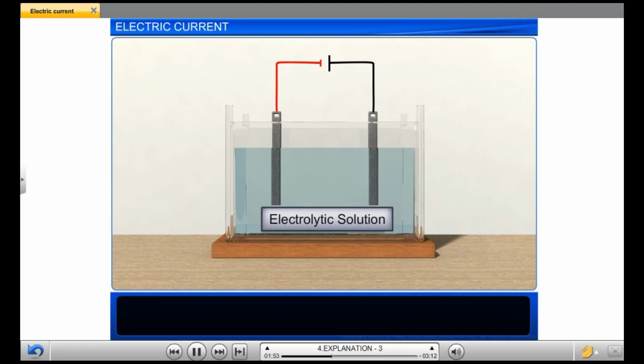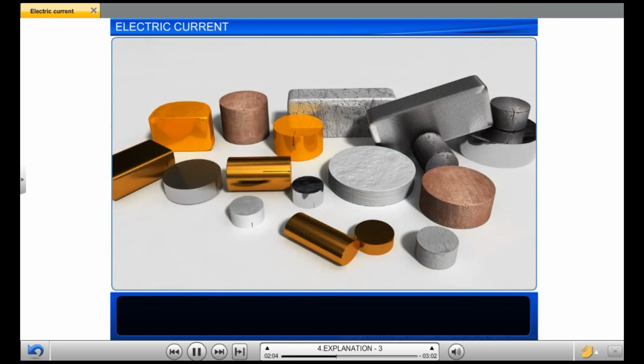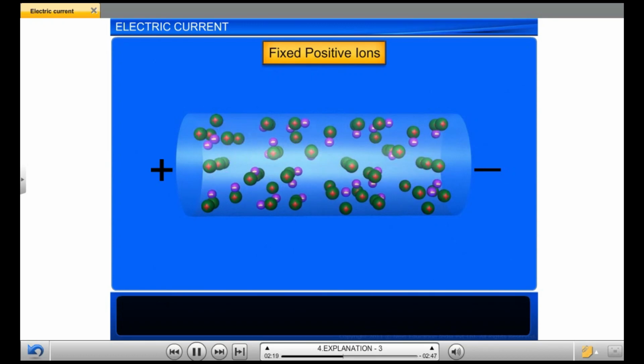Electrolytic solutions are also categorized as conductors, as both positive and negative charges move when an electric field is applied. In this chapter, we will emphasize on solid metal conductors, where a current is constituted by the movement of negatively charged free electrons in the background of fixed positive ions.